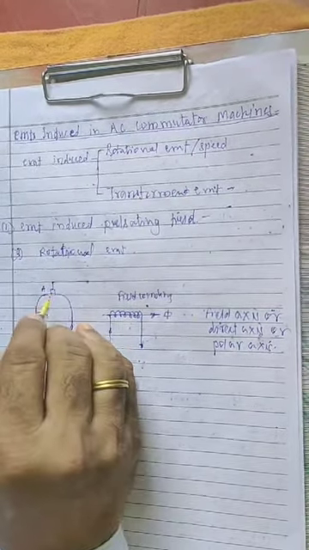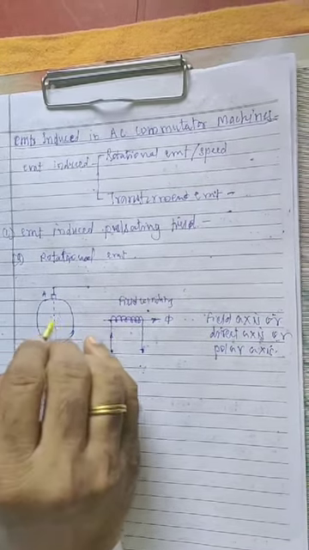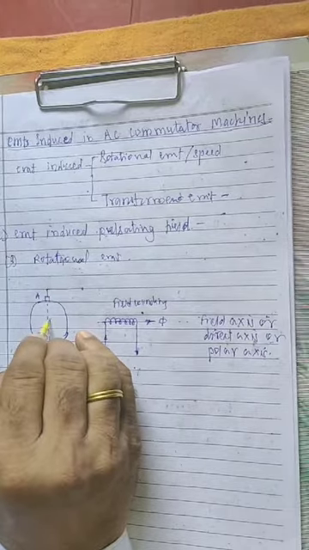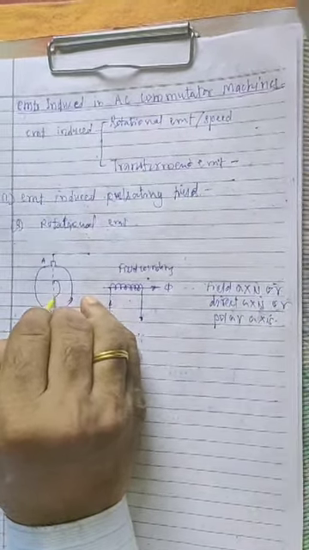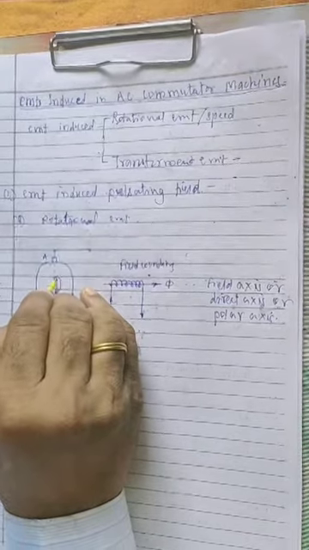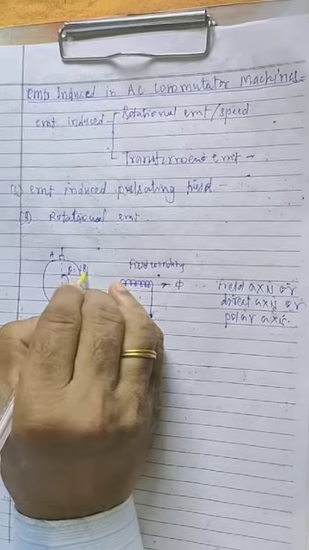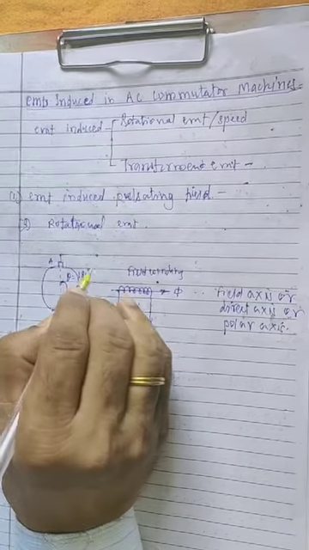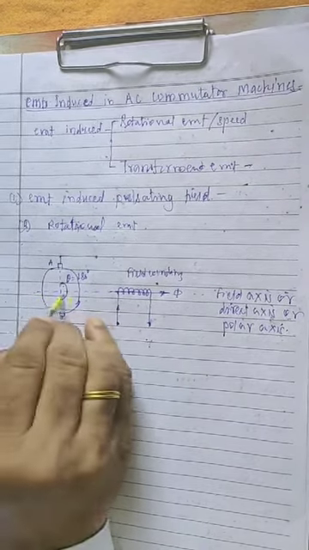Now this is the armature magnetic axis or armature brush axis. This is the brush separation angle, theta equal to 180 degrees, and this is the direct axis.